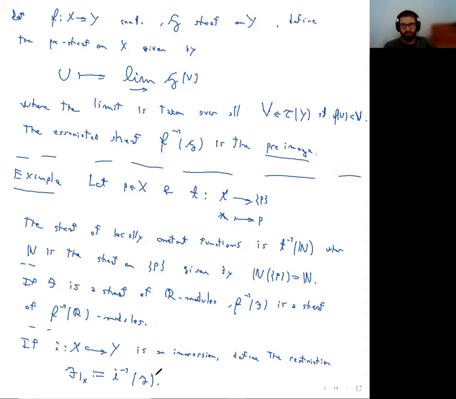The intersection of open subsets is an open subset, but we didn't know how to restrict sheaves to submanifolds. And now we know.